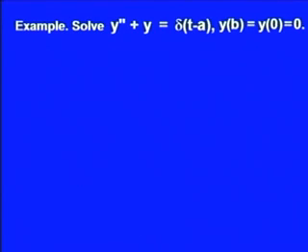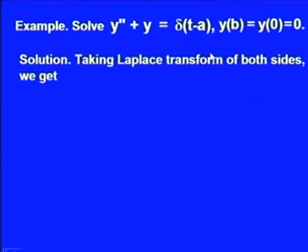Now, we shall study an example of a differential equation where the Dirac delta function is used. Let us solve the differential equation y double dash plus y equal to delta(t minus a), where we are given that y(b) equal to y(0) equal to 0, and a and b are some real constants. So, let us take the Laplace transform of the given differential equation.